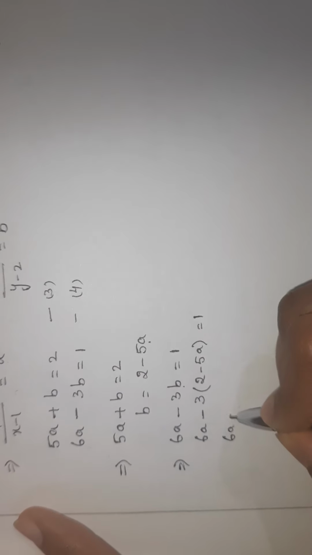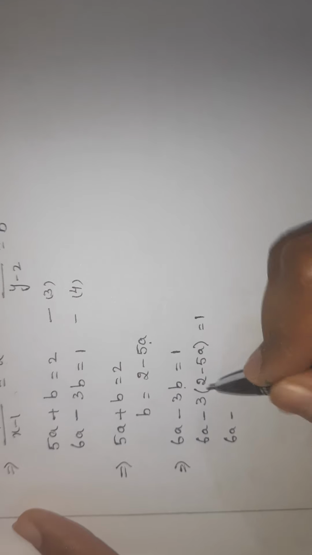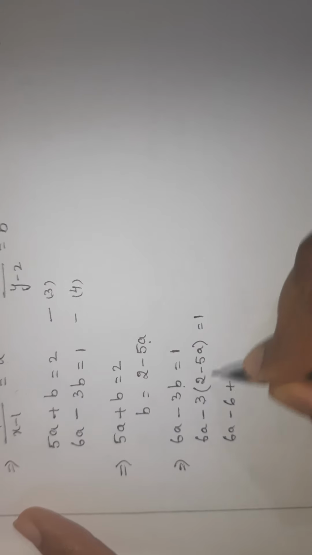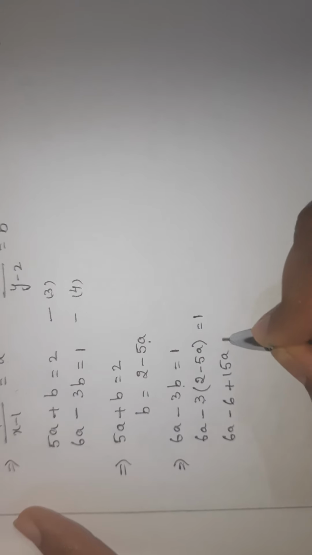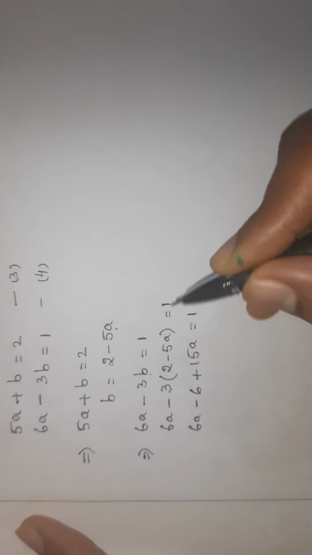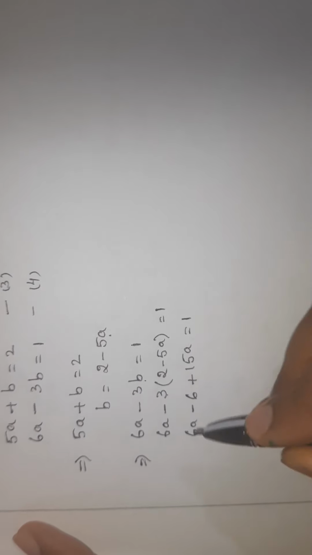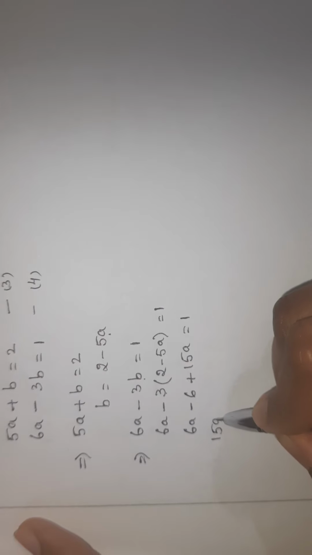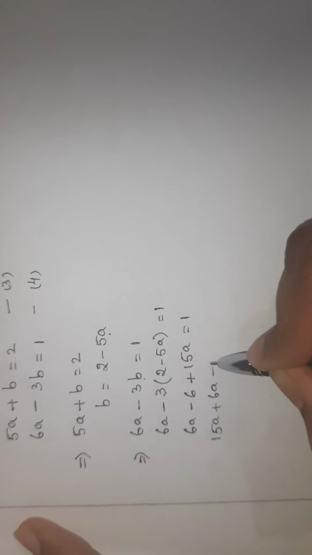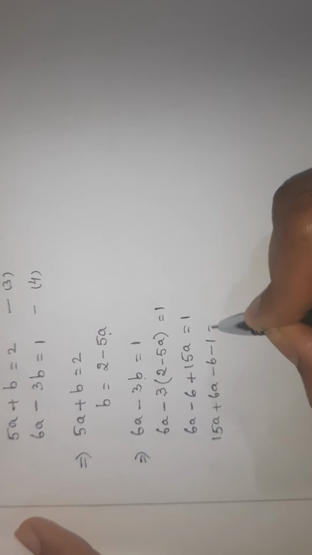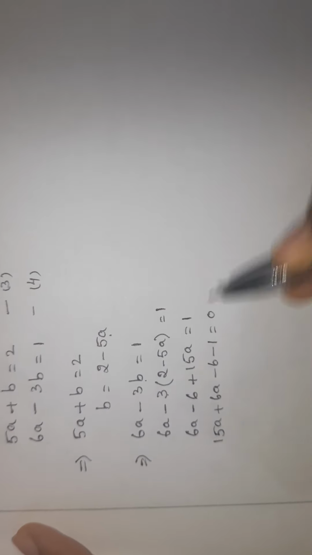So after multiplying, 3 into 2 is 6, and minus 3 into minus 5a becomes plus 15a, is equal to 1. Now keeping the a terms aside and constants aside, it becomes 15a plus 6a minus 6, and this plus 1 transposing becomes minus 1, is equal to 0.